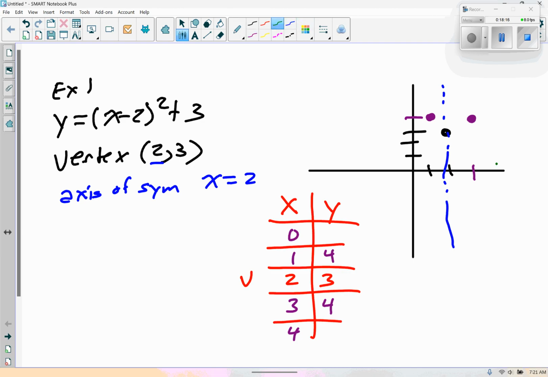I'm going to go right 1, up 3, left 1, up 3. So if you look at those values, that's going to be at 4 comma, if I count up, 1, 2, 3, 4, 5, 6, 7. So notice I went up 1 here, and then I went up 3 here.